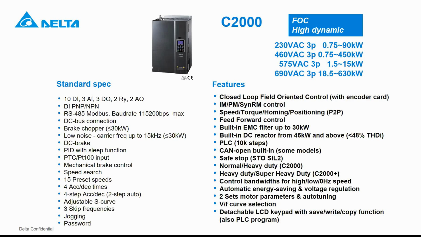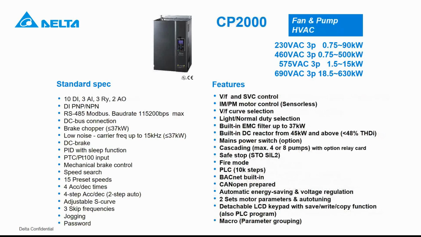So then moving on to the CP2000. This is more or less based on the C2000 architecture. You can see it can go up to 630 kilowatt, or up to 500 kilowatt in 400 volt. And this drive is mostly developed for variable torque applications, which normally do not require a very high overload.